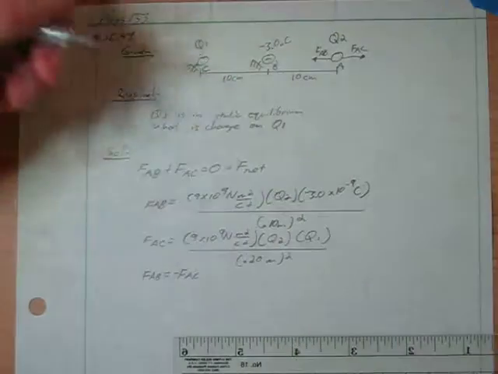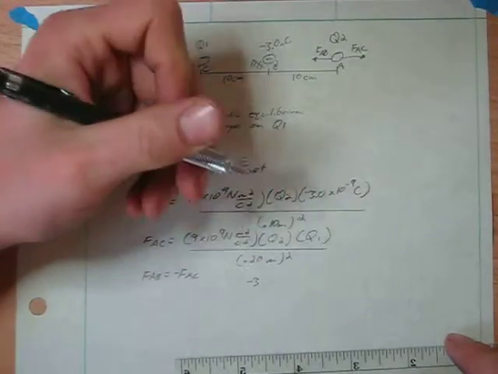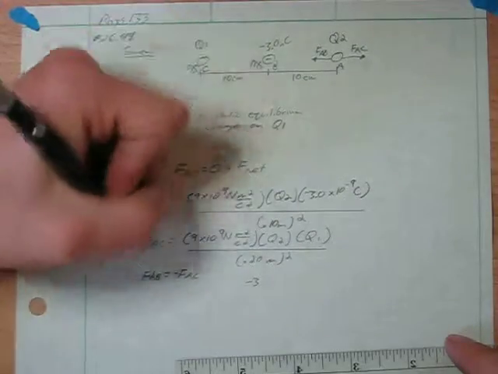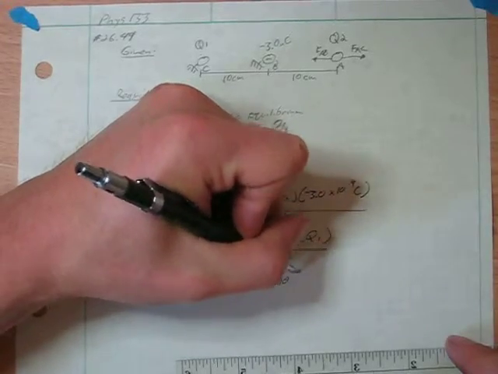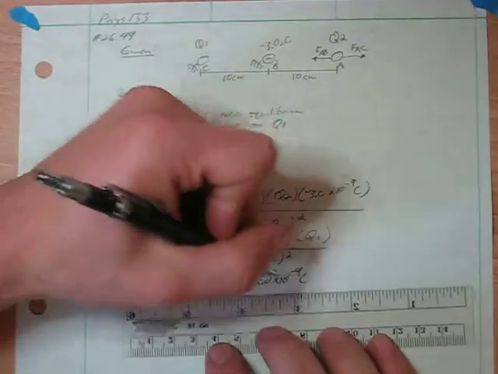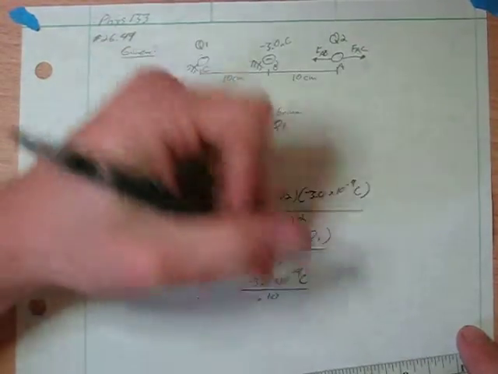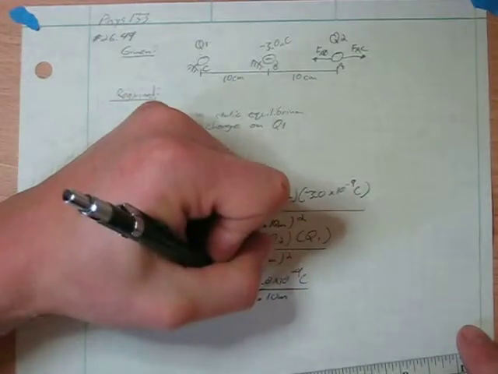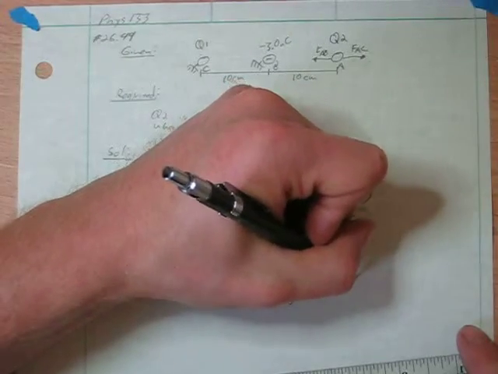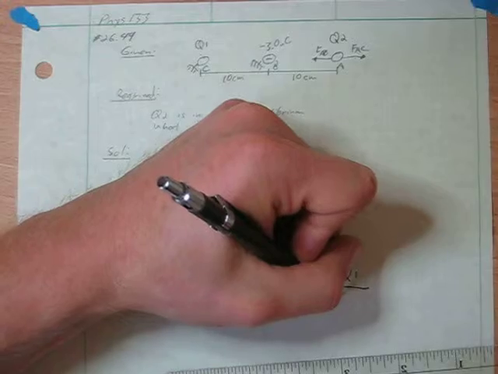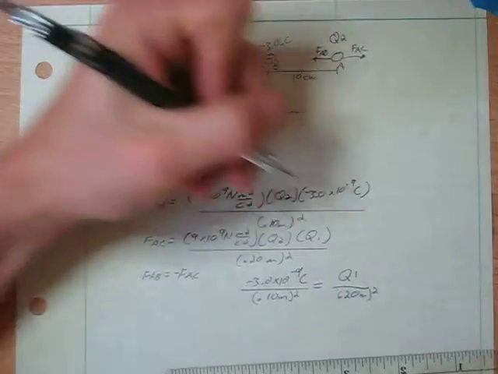And what you end up with is negative 3.0 times 10 to the negative 9 coulombs over 0.10 meters squared equals Q1 over 0.20 meters squared. A little more visible.